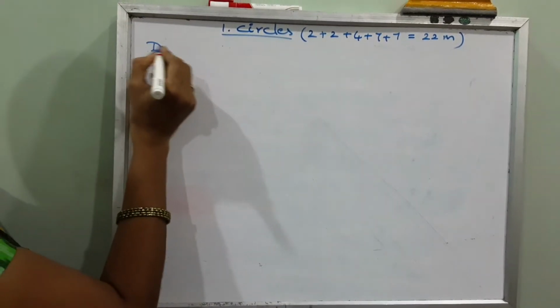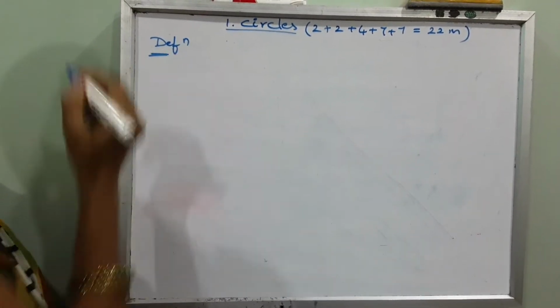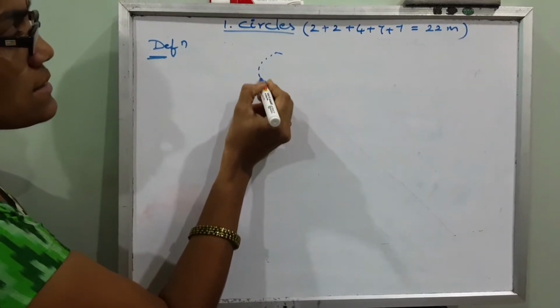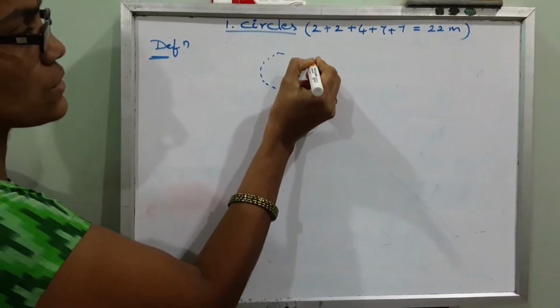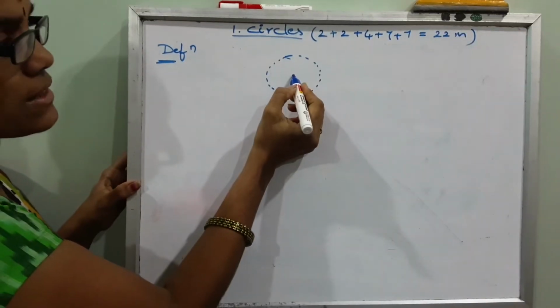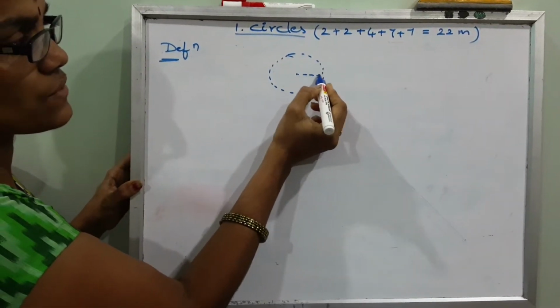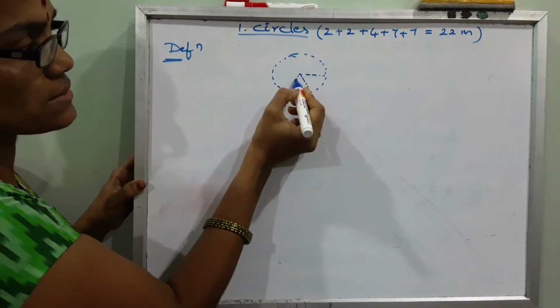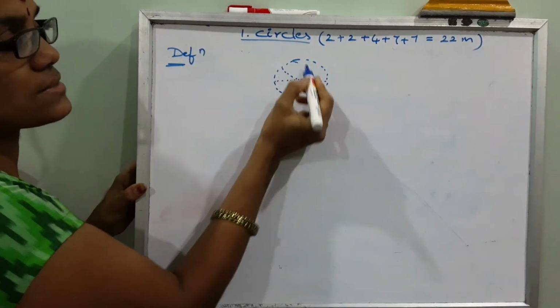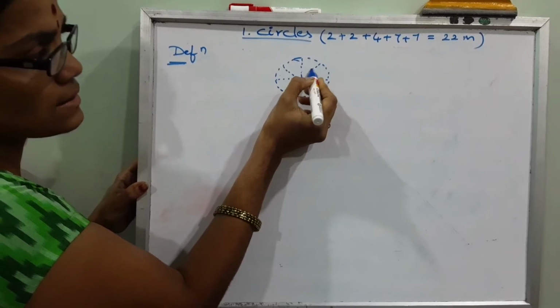Now, definition of a circle. The set of all points which are equidistant from a fixed point is called a circle.